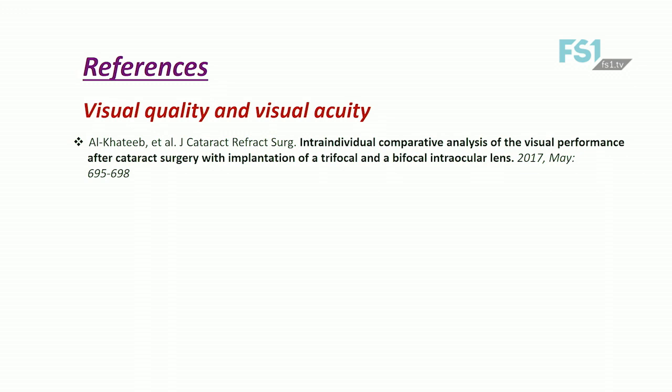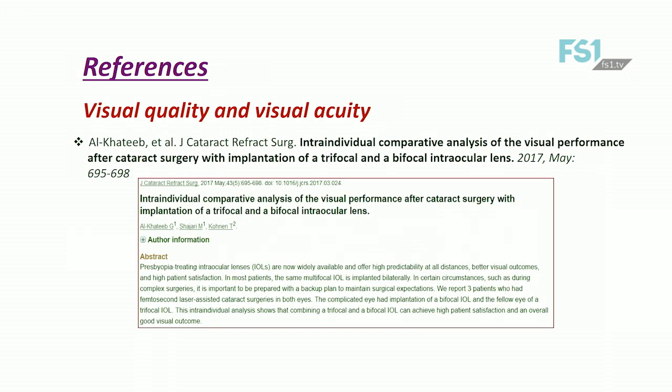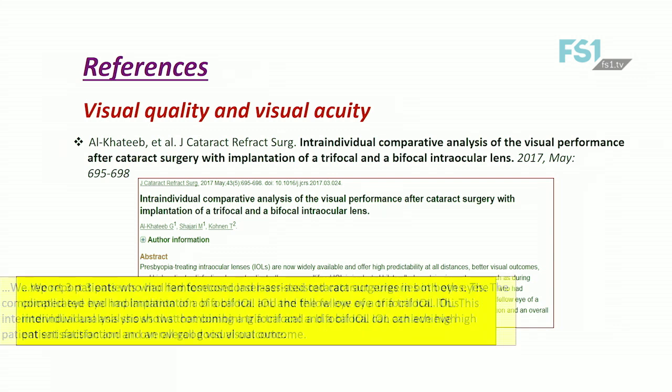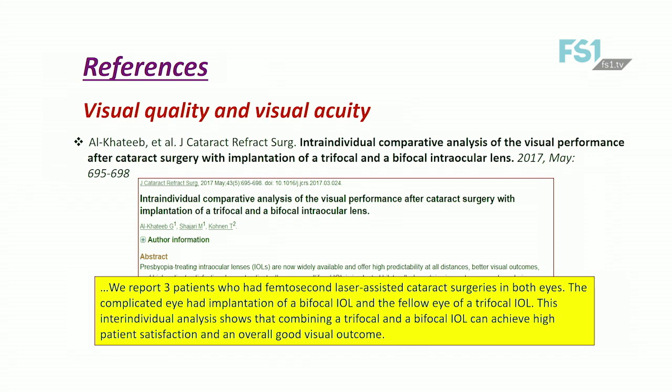Actually, it's a really interesting topic and article. I haven't read the whole article yet, only the abstract, but I believe it will be a really huge step if there are more samples which show more outcomes of this comparative analysis.